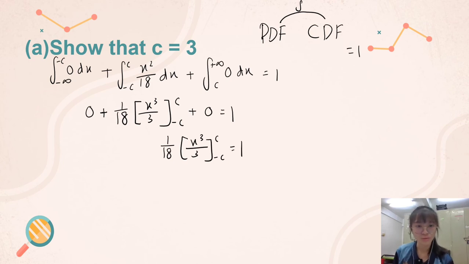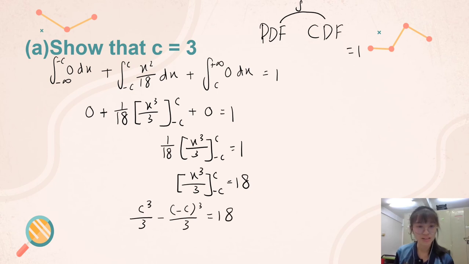We need to move 1 over 18 to the right hand side, so it becomes multiplied. So we get x cubed over 3 from negative c to c is equal to 18. We substitute c into x, so we get c cubed over 3 minus negative c cubed over 3 is equal to 18.